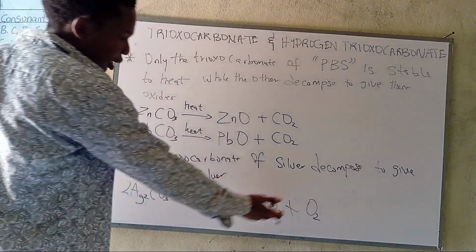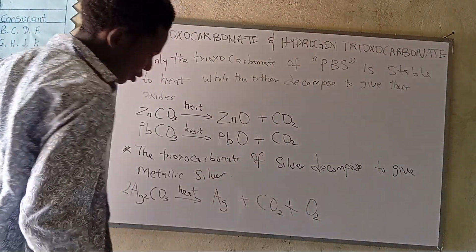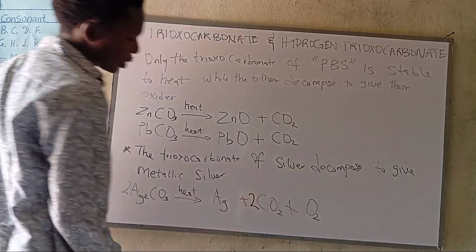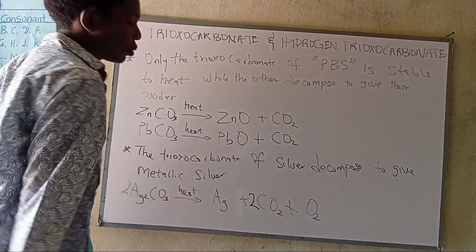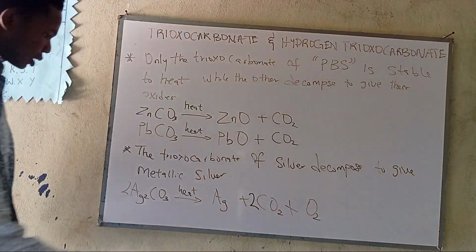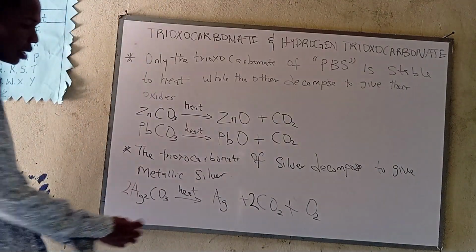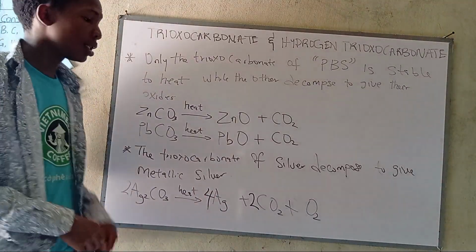We have 3 oxygen here and 4 oxygen here already; we add 2 to make it 6 oxygen. Now we already have 4 silver here, so we add 4 here to balance the equation. So now this equation is balanced.